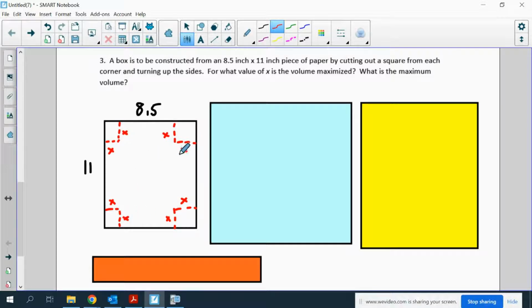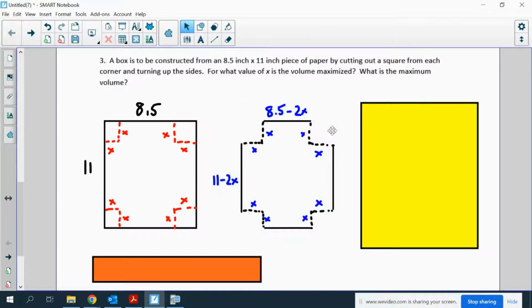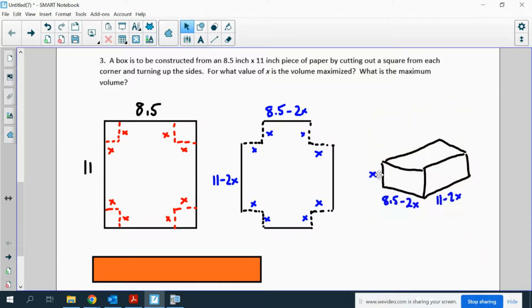If I cut everything length x, I'm going to end up with a piece of paper that now has two sides that were 11 inches, but I've cut two x's off of them, and then two sides that were 8.5 inches that I've cut two x's off of. Then I have this third side that after I fold it into a box is x.